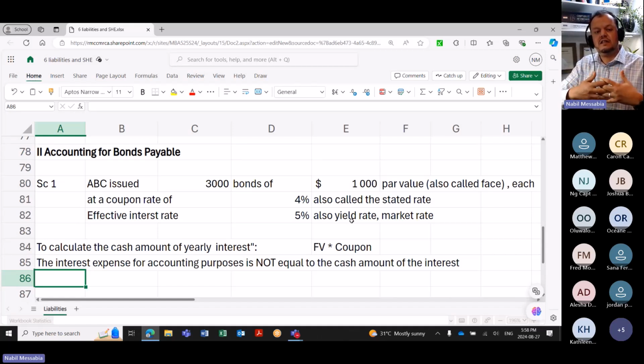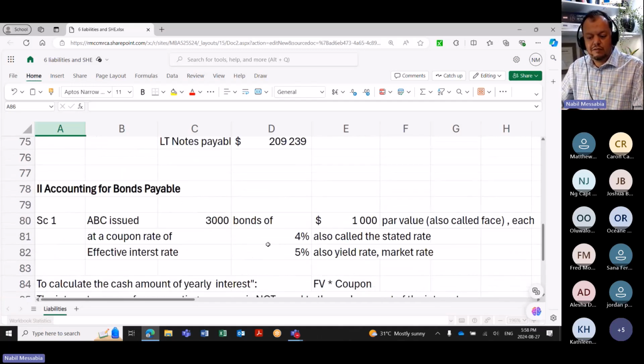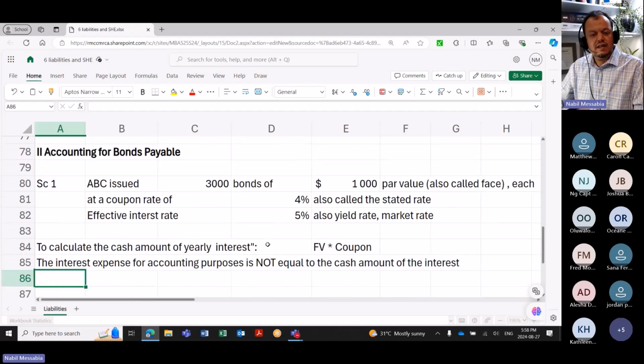The accountant is here to account for the economic substance. The real cost of the expense for your bonds is not what is on the paper. It is what the market determined. It should be calculated using the yield rate, the market effective rate, not the coupon rate.